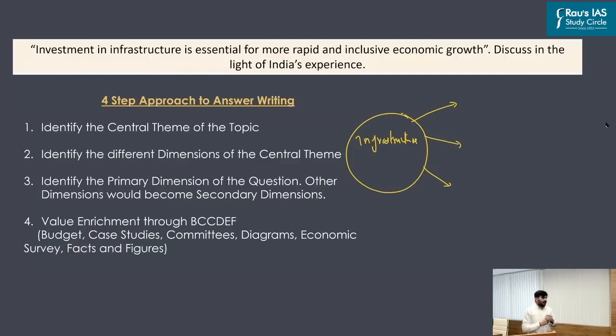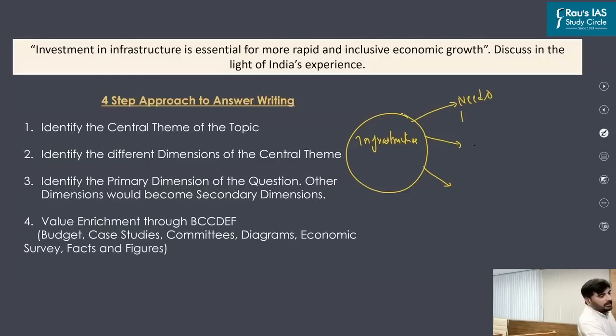Good, good, Muskan. Need and benefits. Good, Nidhi. Okay. Here, with respect to infrastructure, one dimension is need and benefits, right?